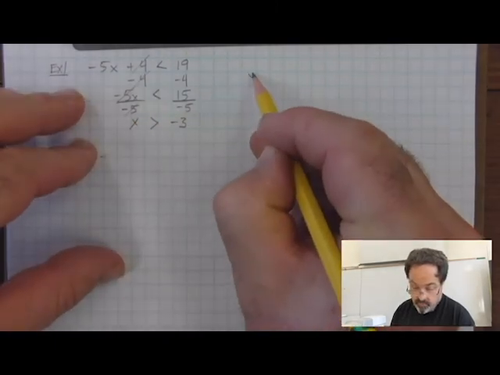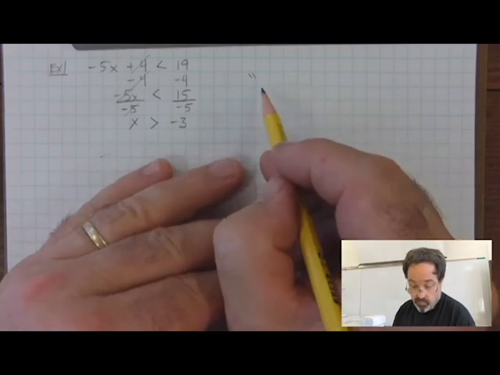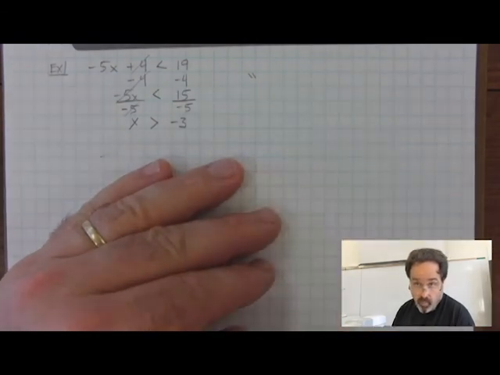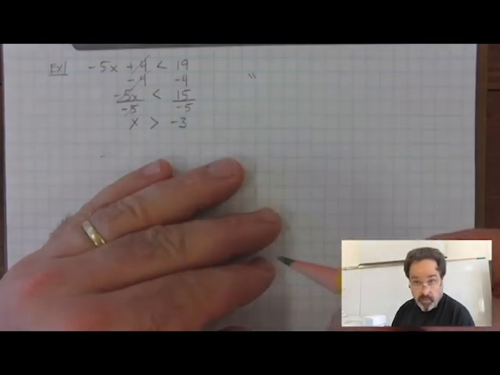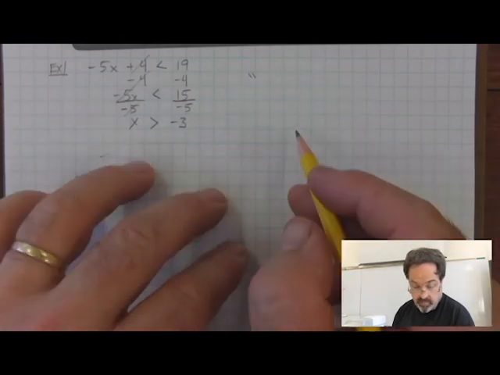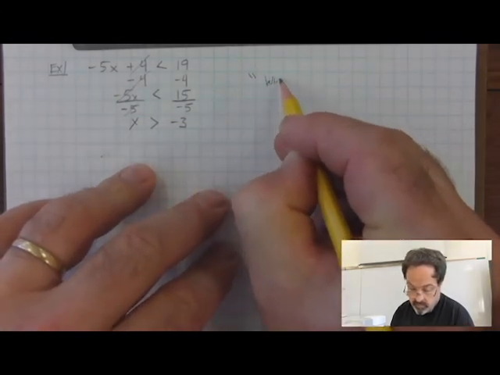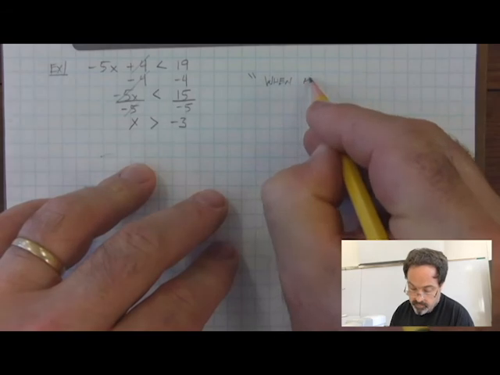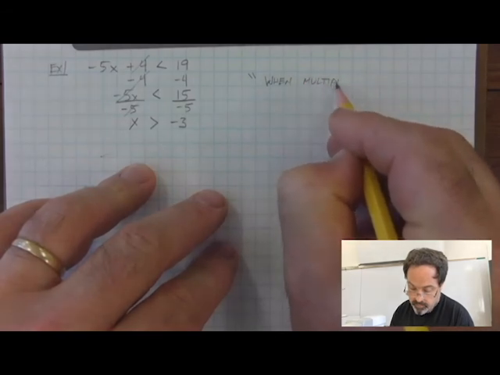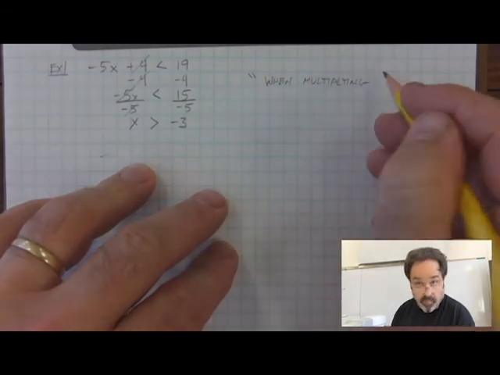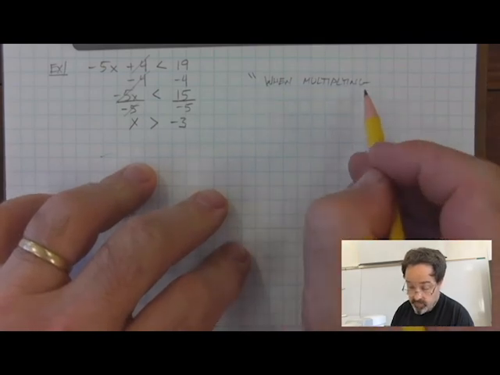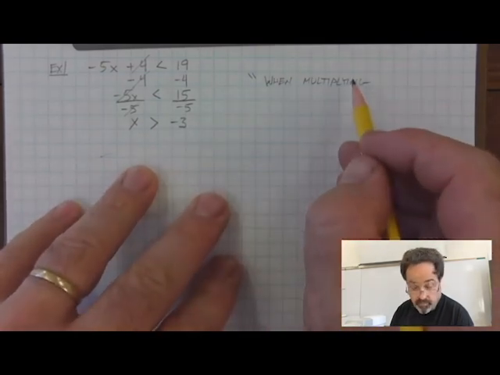And I must remember that when solving inequalities, there's one extra thought to include in the algebraic process, and that is when multiplying or dividing, but we're thinking of division as multiplying by a reciprocal.